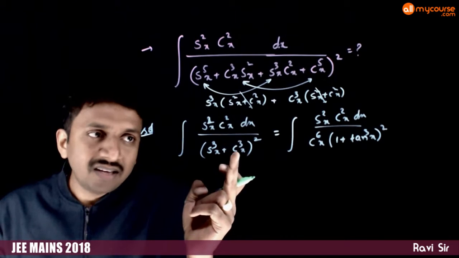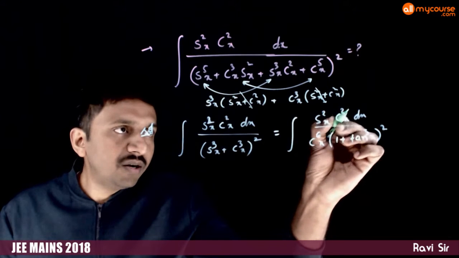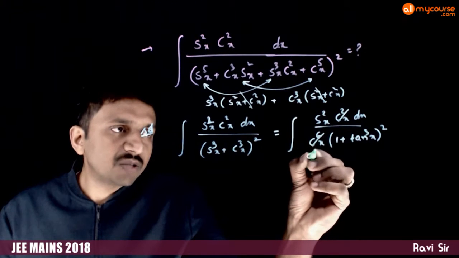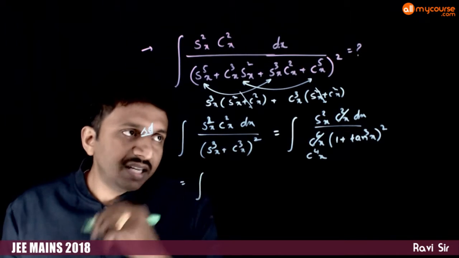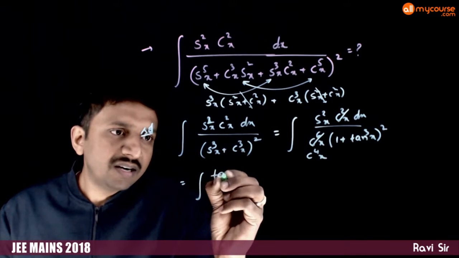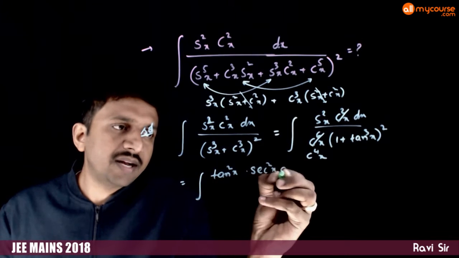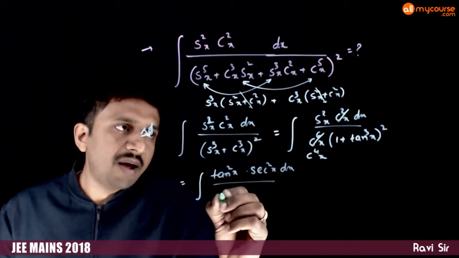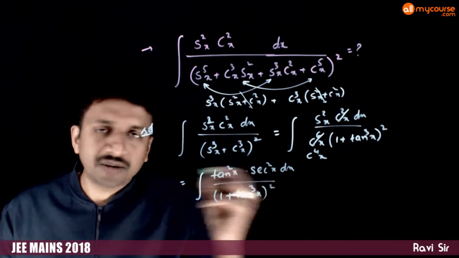So I am taking cos³x outside. So cos⁴x remains with the numerator, and this can be written as the integration of tan²x times sec²x dx by (1 + tan³x) whole square.